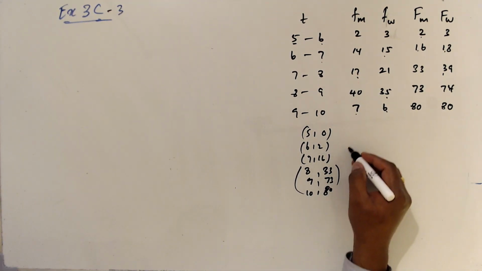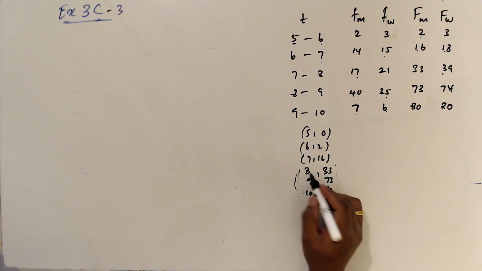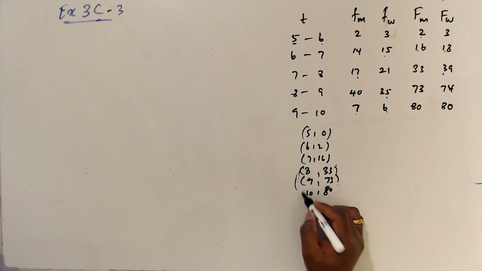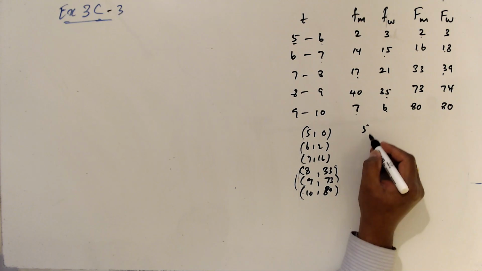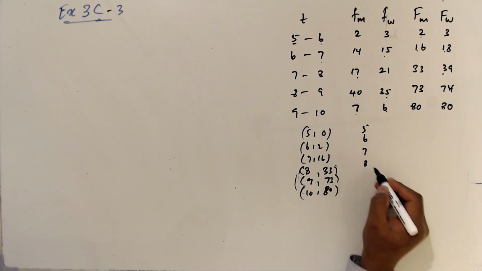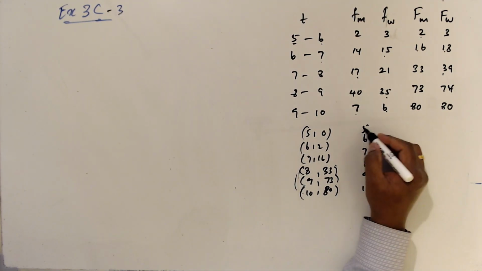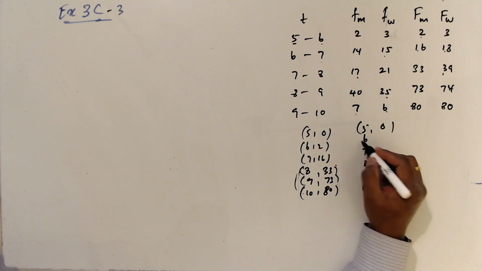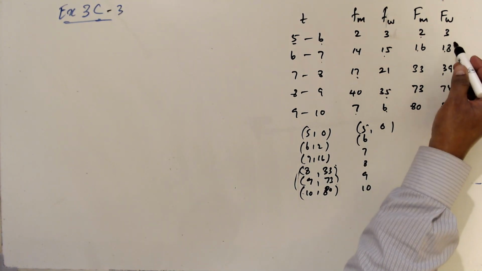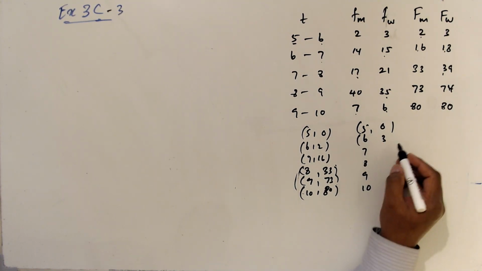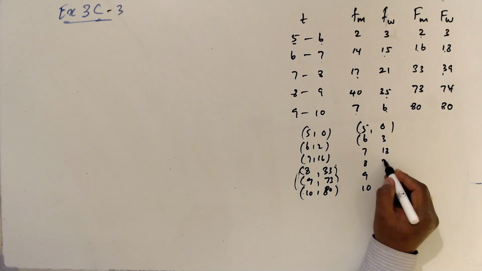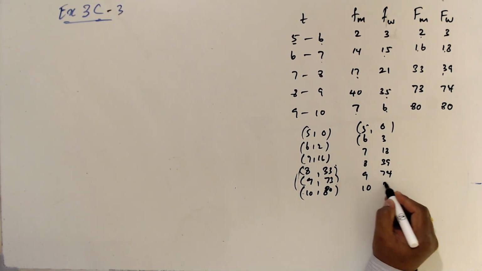So this is also starting 5.0, 6.3, 7, 8, 9, 10. This one 3, 18, 39, 74, 80.